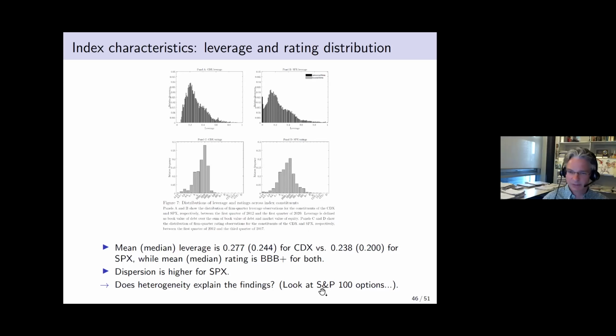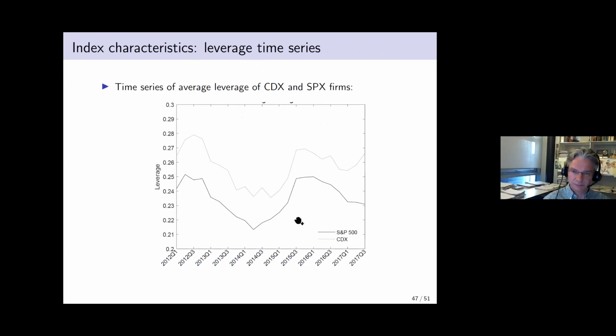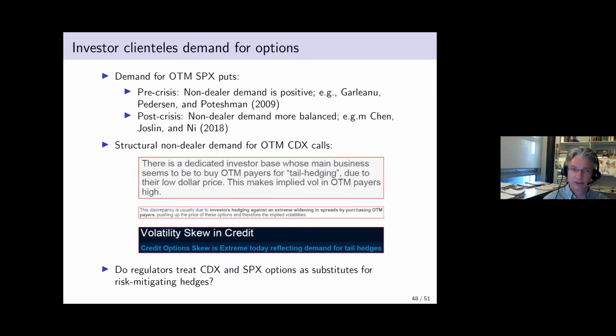One idea that we have is that we're currently comparing this to S&P 100 options to see whether we find the same results comparing credit default implied option volatilities to those of the S&P 100. In terms of the time series, the average leverage looks very similar across both baskets. So in terms of the median, mean characteristics and the time series of the mean and the median, they actually look quite comparable.